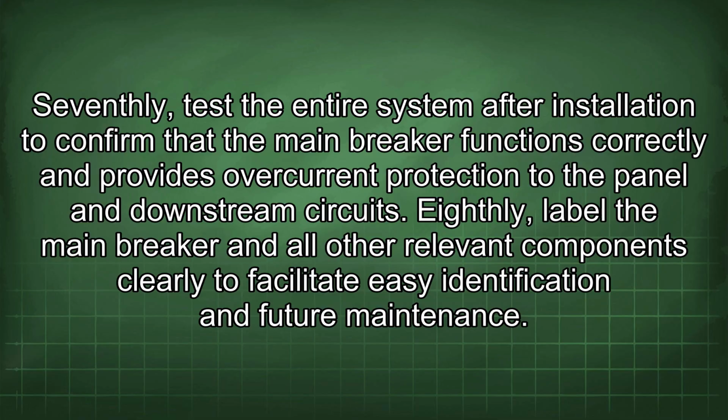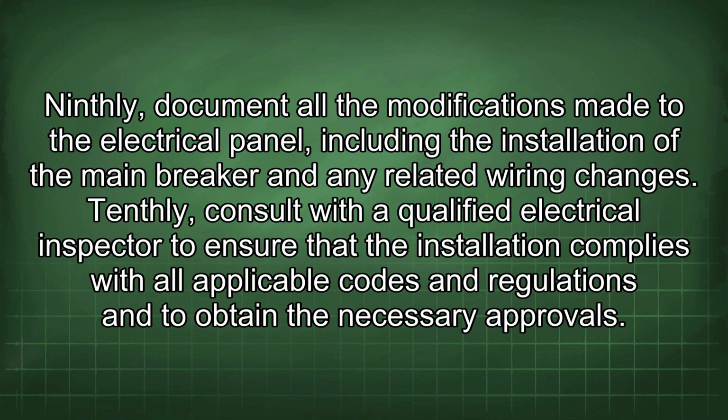Eighthly, label the main breaker and all other relevant components clearly to facilitate easy identification and future maintenance. Ninthly, document all the modifications made to the electrical panel, including the installation of the main breaker and any related wiring changes. Tenthly, consult with a qualified electrical inspector to ensure that the installation complies with all applicable codes and regulations and to obtain the necessary approvals.